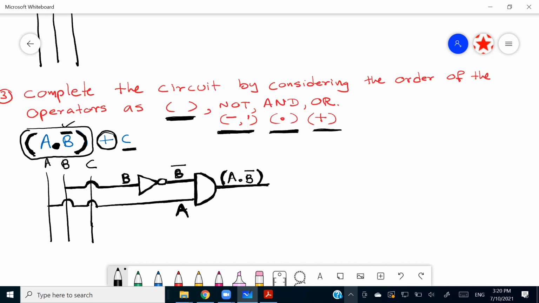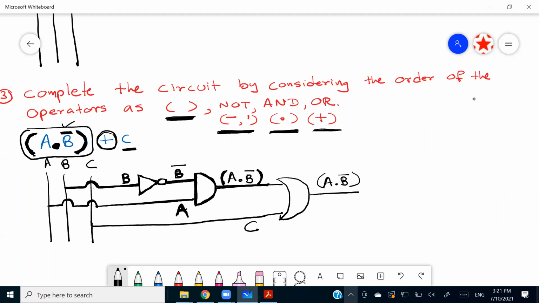So we take a line from C, and to do the plus operation we need an OR gate. So we put those inside an OR gate, which provides us A dot B bar plus C. Okay, is that clear, everyone?